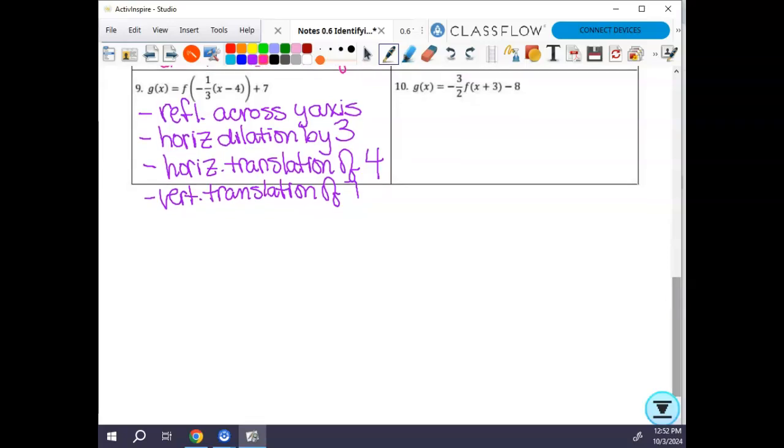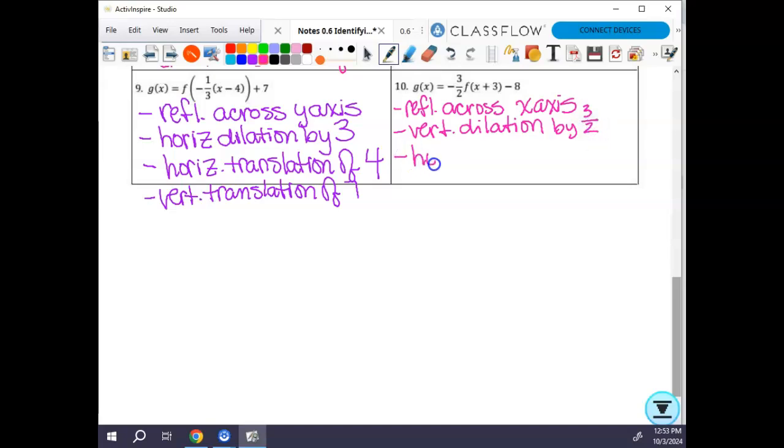So that negative is a reflection across which axis? X axis. Very good. That 3/2 is a vertical dilation. Very good. And it would actually be a stretch, not a compression, just because it's a fraction, but a vertical dilation by 3/2.